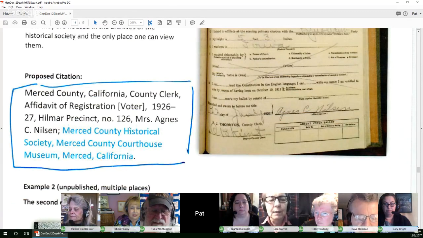All right, well, let's dissect. The blue part of your citation that I put in this box is the where is. That it was at the Historical Society that happens to be in, and the book is in the Courthouse Museum. Yeah, it's in the old courthouse, and the Historical Society has the whole building. So it was fantastic.